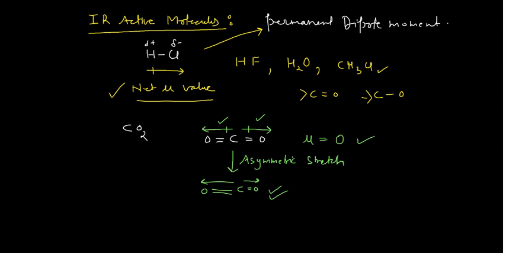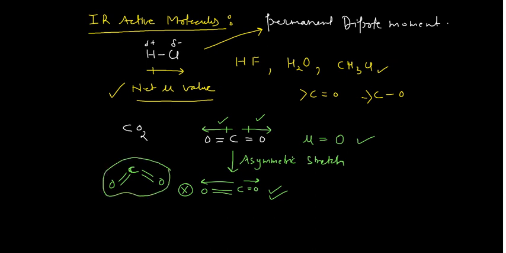And if you are not very comfortable with this asymmetric stretch, then you can think of another mode. For example, this is your carbon, and it is bending like that, this is bending like that. This will also induce a dipole moment in the molecule.